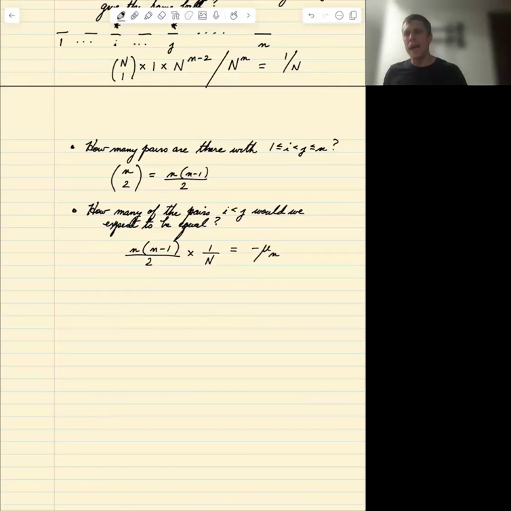So mu sub n is related to how many pairs of balls we expect to be equal.